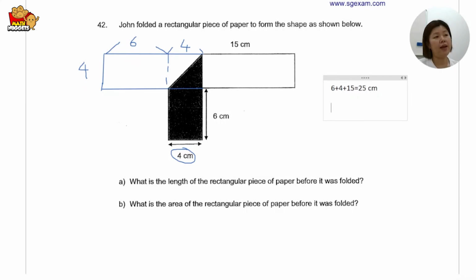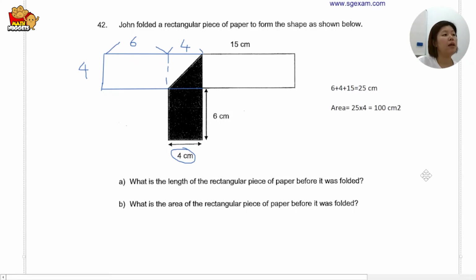Since I have the length, I have the breadth, I can find area. Area equals to 25 times 4, which equals to 100 cm2. Okay, so please remember, anything that is folded, please unfold it back.